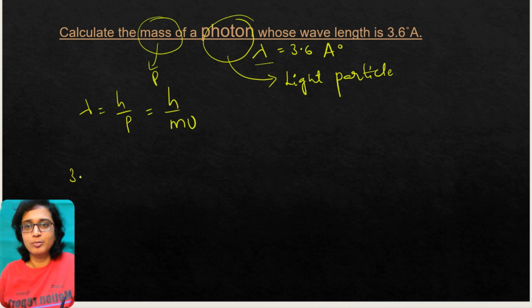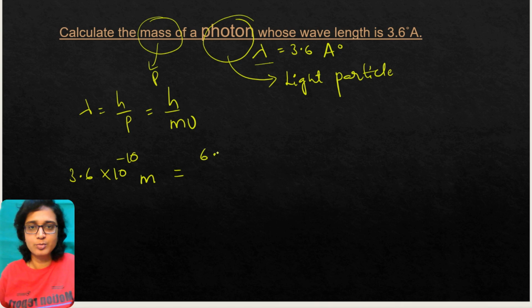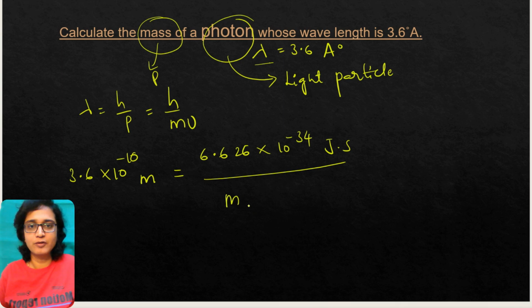Lambda they gave 3.6 into 10 power minus 10 meters, equals 6.626 into 10 power minus 34 joule second divided by the mass of the photon we have to calculate, and v is the velocity of light, 3 into 10 power 8 meters per second, right?